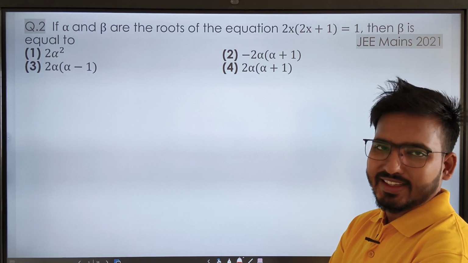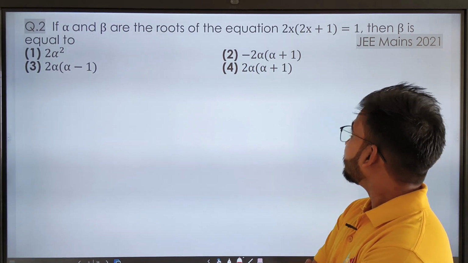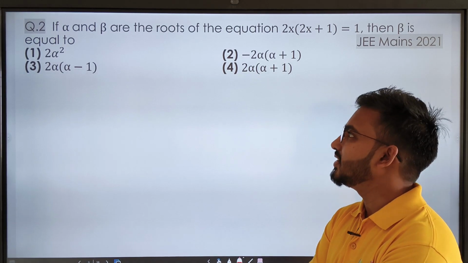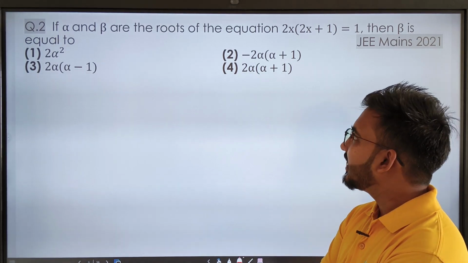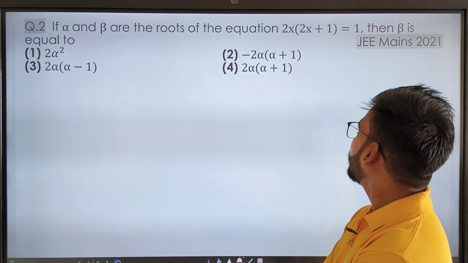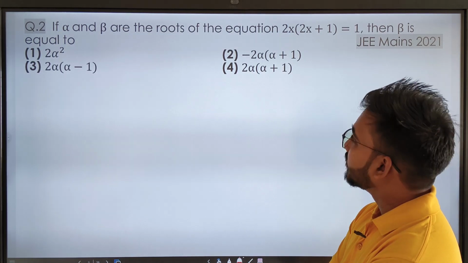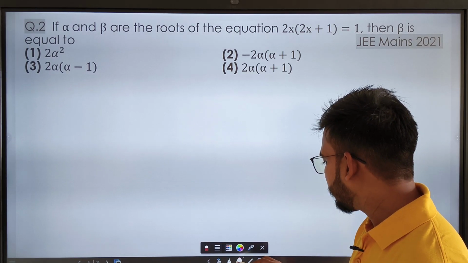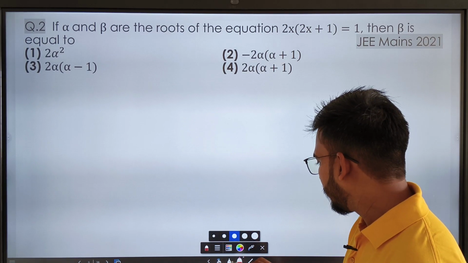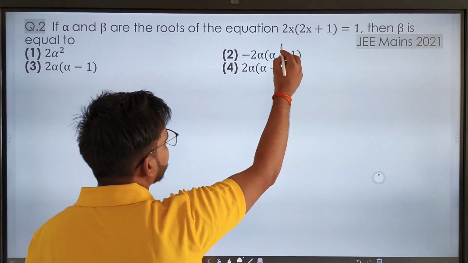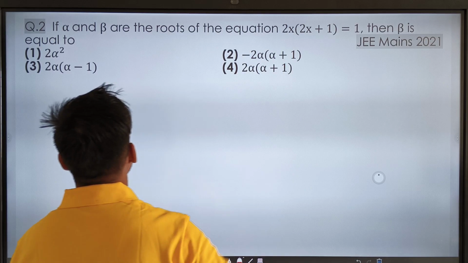So it is saying, 2021, very recently. Okay, it is saying that alpha and beta are the roots of the equation 2x into (2x plus 1) equals 1, then beta is equal to... First try to write this in standard form.